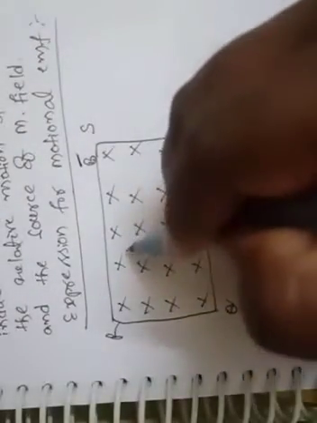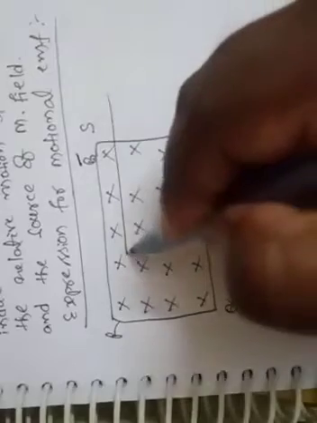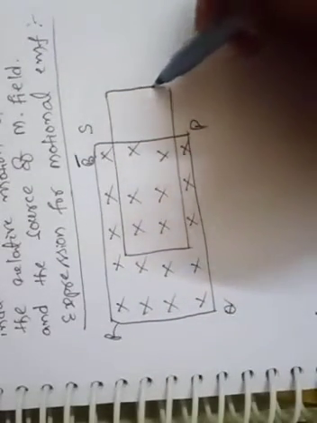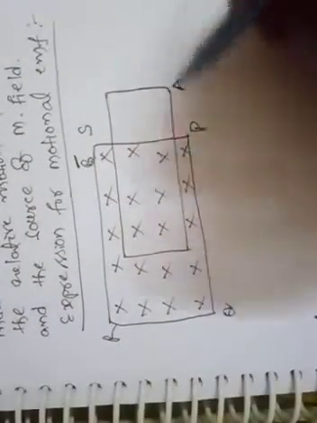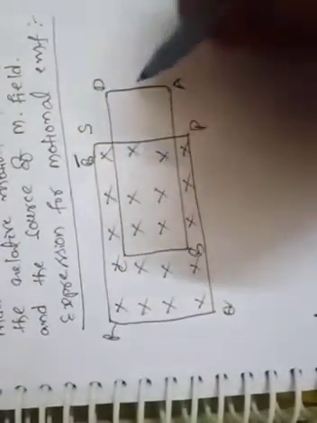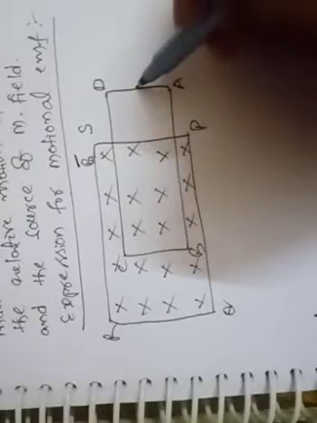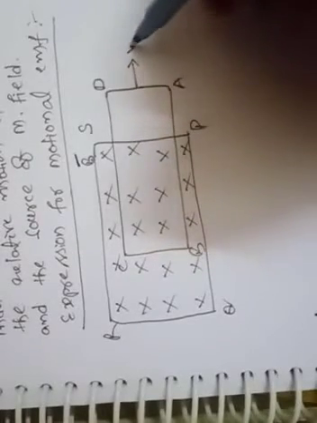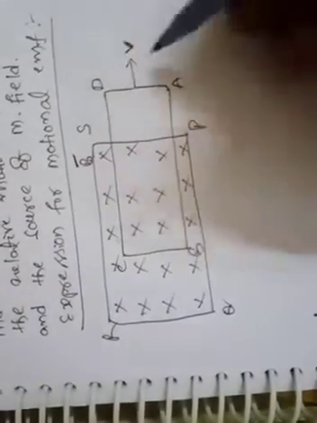So let us consider the uniform magnetic field B bar. It is confined in the region PQRS, and in this magnetic field we have placed a closed coil, with the names A, B, C, D. The velocity of the coil, let us consider V.